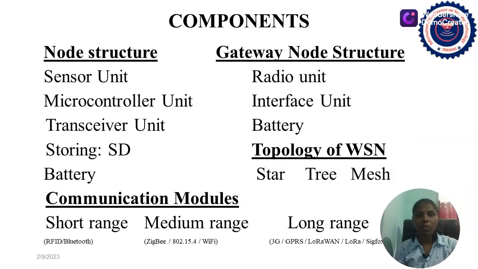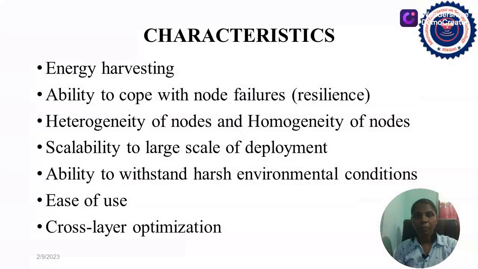The next one is the characteristics. What are the characteristics of wireless sensor networks overall? First of all, it is a low energy device, but it can sense information from anywhere. Then, its ability to cope with node failure: if some node failure occurs, it can communicate to a nearby device and pass the information to the other device.